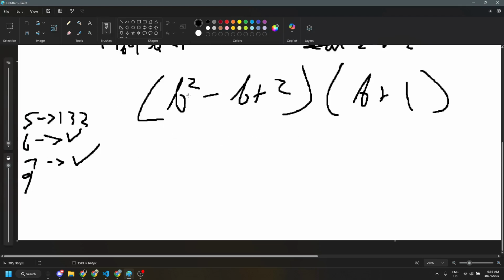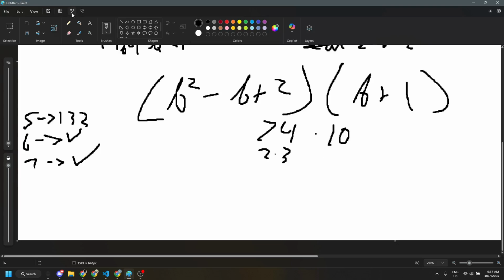9 gives us 81 minus 9, so 72, 74 times 10. I forgot to do 8, but I'll do that in a second. This is 2 times 37, and this is 2 times 5.